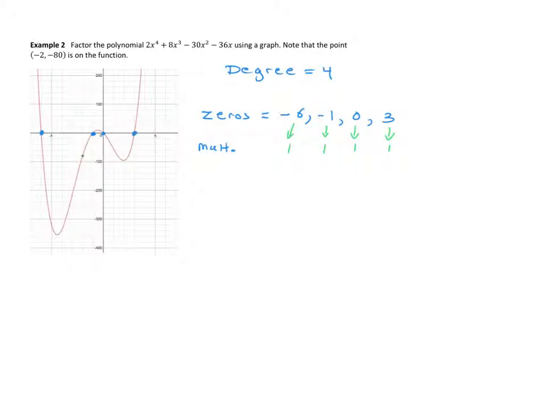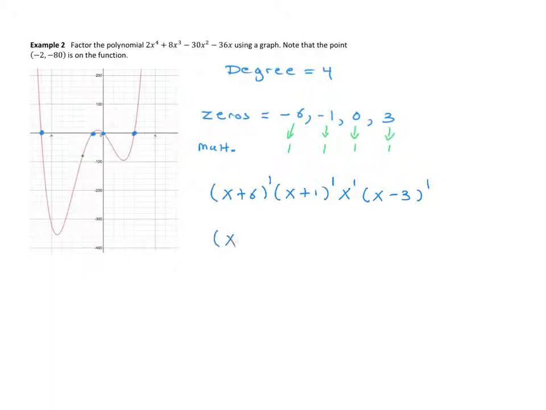Perfect. So now when it comes to factoring this thing, I know the zeros, so I can simply write down the factors. They would have to be x plus 6 to the first power, x plus 1 to the first power, x to the first power, and x minus 3 to the first power as well. In fact, you don't really have to write these first powers.